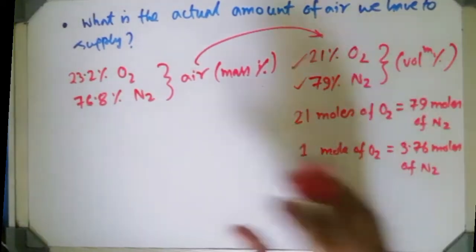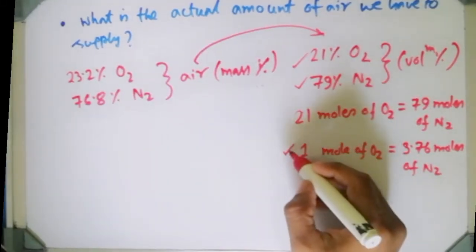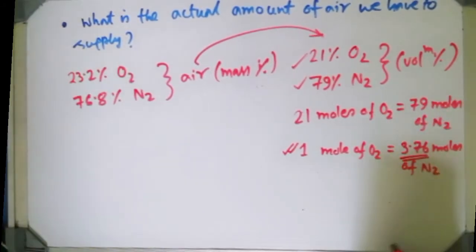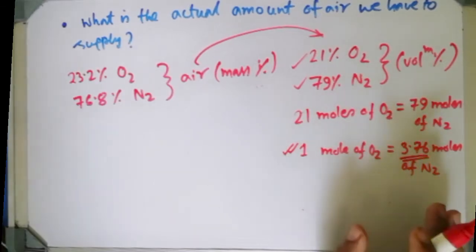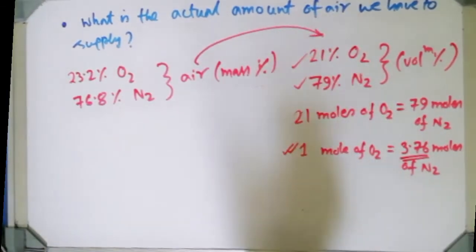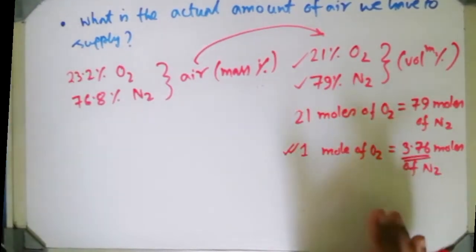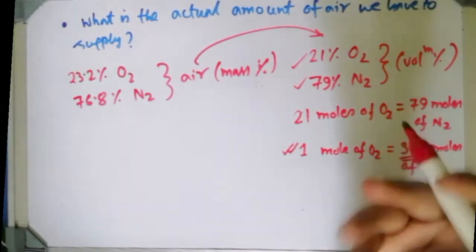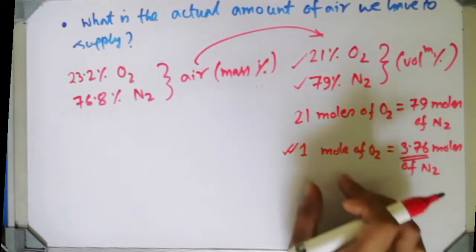But mind it, nitrogen never takes part in the chemical reaction. It is kind of inert. It never reacts in the combustion, but it will be there, so its mass will always be included. So 1 mole of oxygen carries 3.76 moles of nitrogen. Just keep this value in your mind.